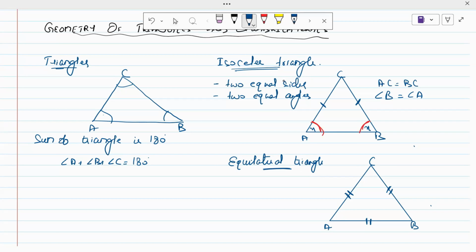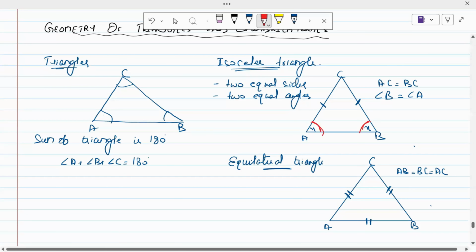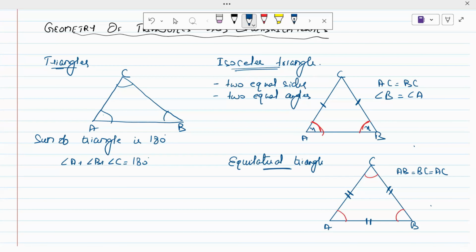So we have all three sides equal. So we have AB same as BC, same as AC. Since we have all three sides the same, angles opposite to all three sides will also be the same, which means angle A is the same as angle B is the same as angle C. And in the case of an equilateral triangle, it's a must thing: all three angles are 60.